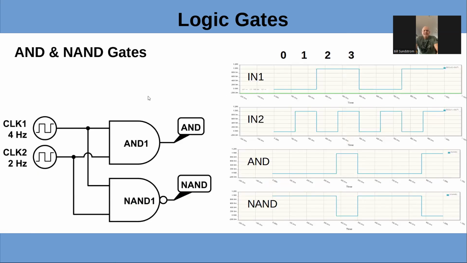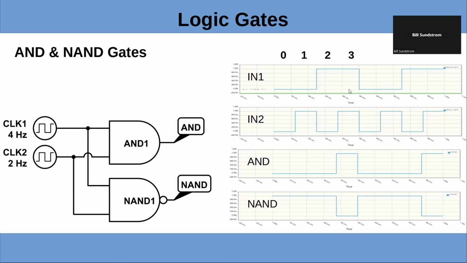Okay. This is showing the same thing with an AND gate and a NAND gate. So they both have the same inputs. In this case, it's two clock signals, one's at 4 hertz and one's at 2 hertz. So you can see the input of the 2 hertz up here and the 4 hertz there.